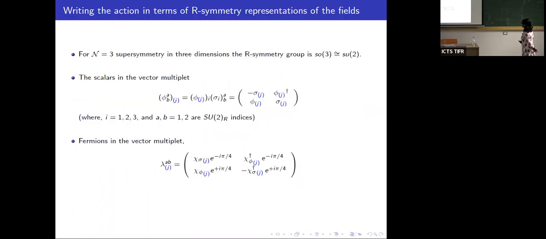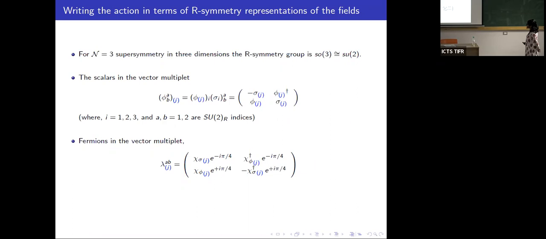Now we need to compute the classical BPS solution in the theory. For that, we need to have the full component action. Since we are interested in finding the R charges of the monopole operators in the theory, we need to write the action in a way so that the R symmetry is manifest.